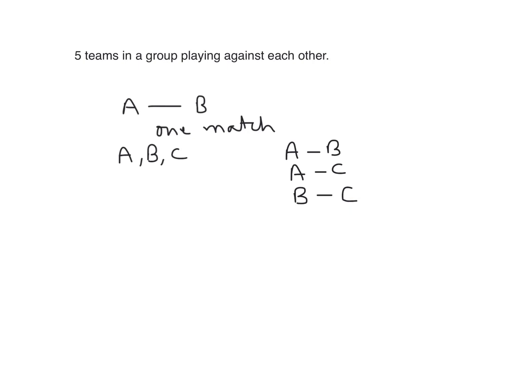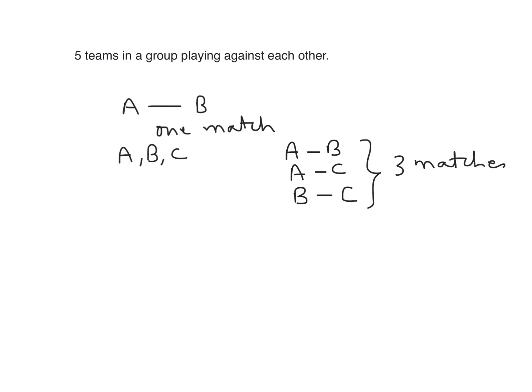So B has played against both the teams. Now coming to C, you can check that C has played against A and C has played against B also. So now you can visualize here that just in 3 matches, each of the 3 teams A, B and C have played against each other.